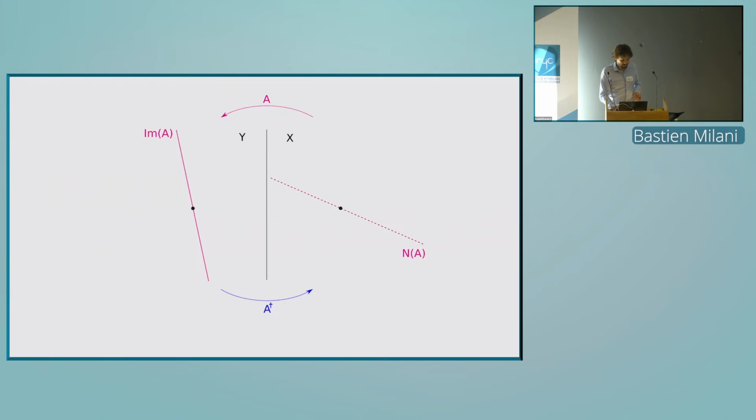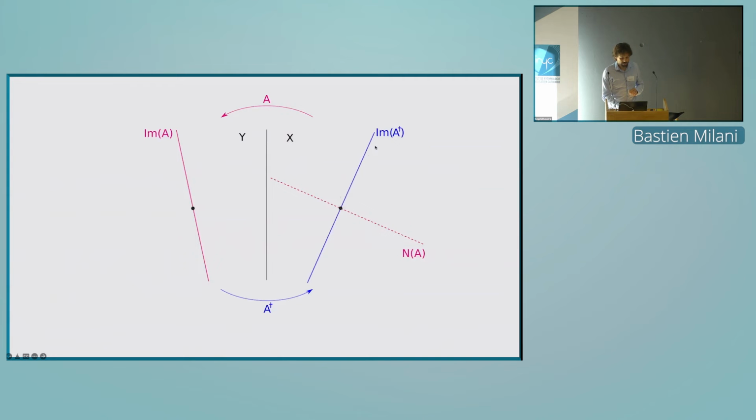And you have an adjoint map. To define the adjoint, you need an inner product in each space. I will define what it is, but the inner product defines the notion of orthogonality and the adjoint map. The adjoint map is a backward map, so it goes from Y to X. As for the map A, the adjoint, A dagger, this sign is called dagger, has an image that goes through the origin.